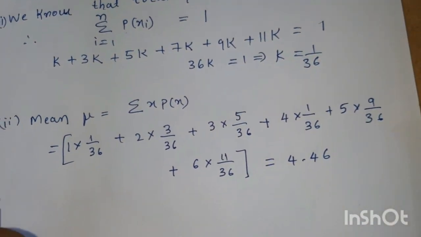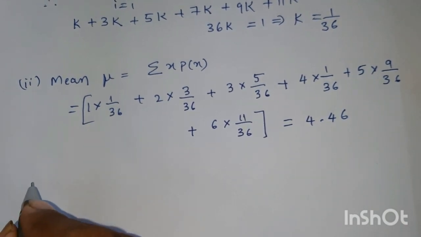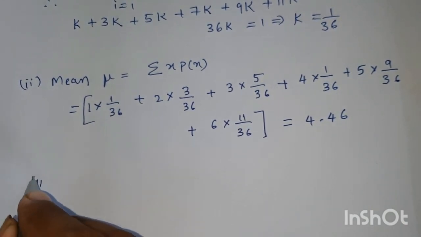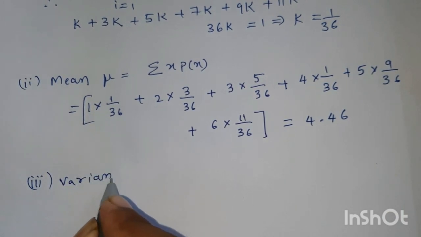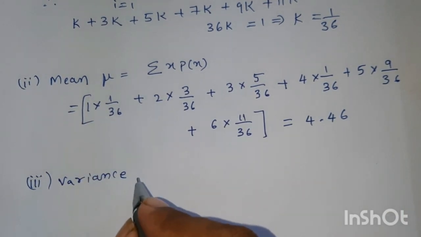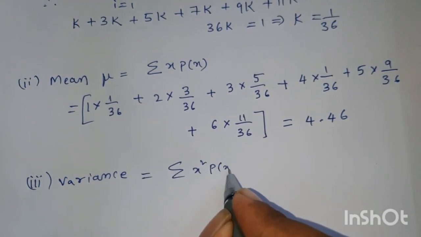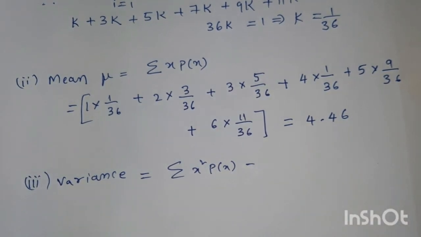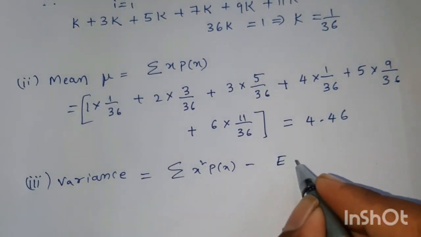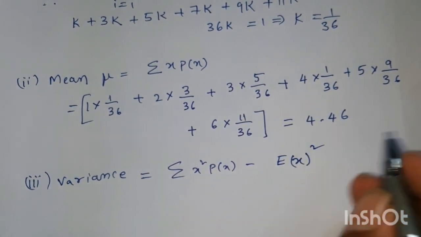Now let us find out the variance. Variance is given by sigma x square P of x minus E of X whole square.